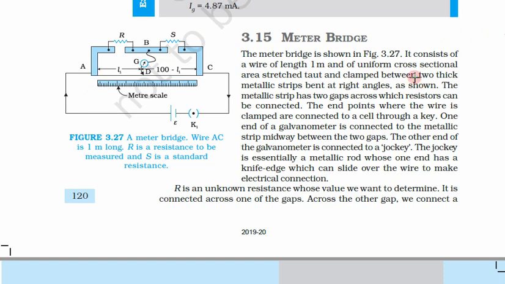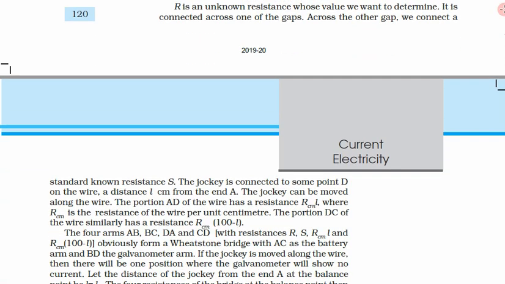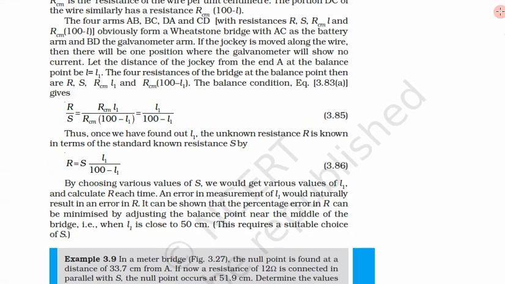Now this meter bridge is like this, and the jockey is something like a pen that we move along the wire. Here they have done the same thing, they have solved it in a different way.